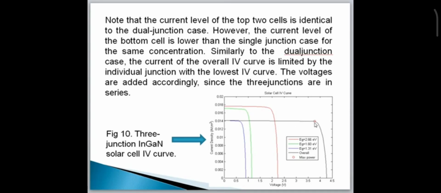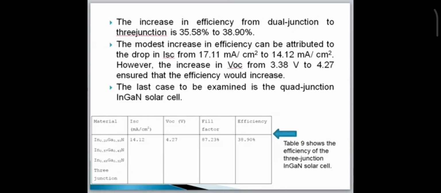This is the maximum power point, in which you will get the value of VMP, the maximum power voltage, and the maximum power current for the 3-junction solar cell. In the case of the 3-junction solar cell, the efficiency increases from the dual junction solar cell, from 35.58% to 38.90%.